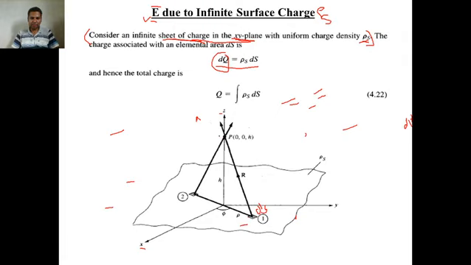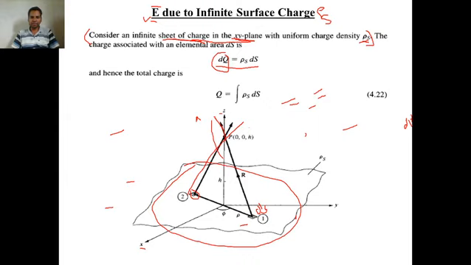The same dS is also present on the equally opposite side of the total surface area. Due to this dS, dE bar will be in this direction.